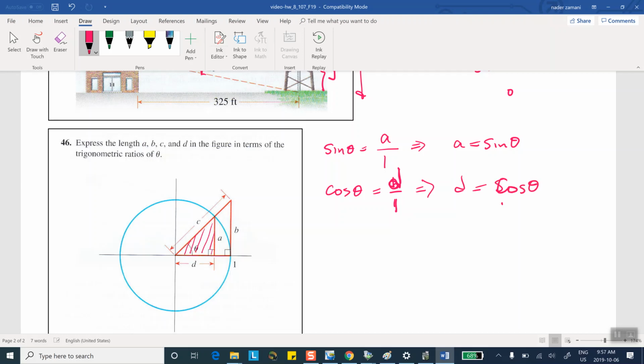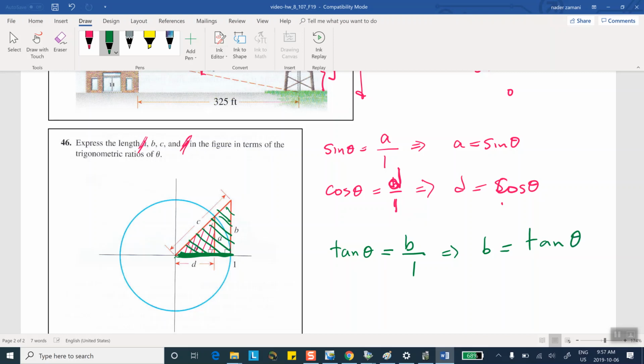Okay, so we took care of A and we took care of D. If you look at this bigger triangle, the green one that I'm drawing for you, tangent of theta is opposite, which is B, over adjacent. Adjacent is this radius of the circle, which is 1. That means B is equal to tangent of theta.